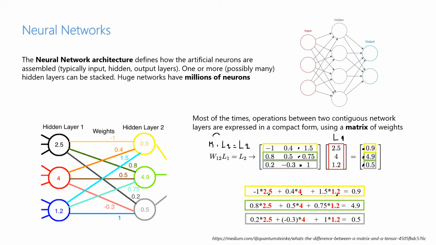Sometimes we see these two terms switched, because you can switch rows with columns in this table that we call a matrix, but it doesn't matter, it's not really relevant. We just have to remember that when we see two layers of a network, we multiply the first layer by a matrix of weights, and we get the next layer. As simple as that.